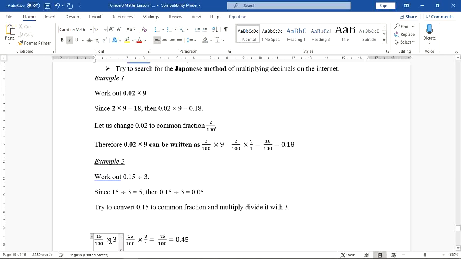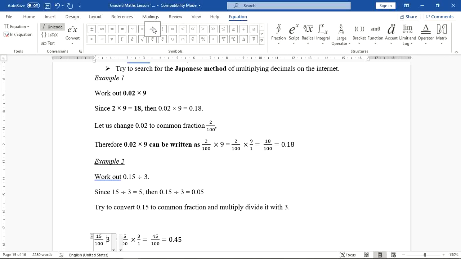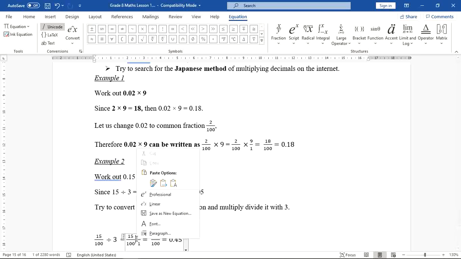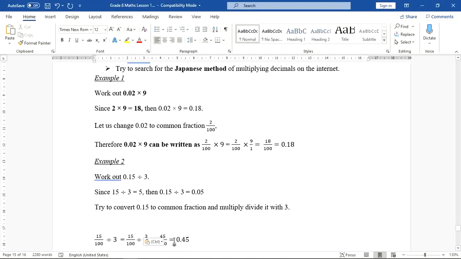We need to keep this as a division. We can convert the 3 into a fraction by saying 3 over 1, because 3 over 1 is just 3 anyway.